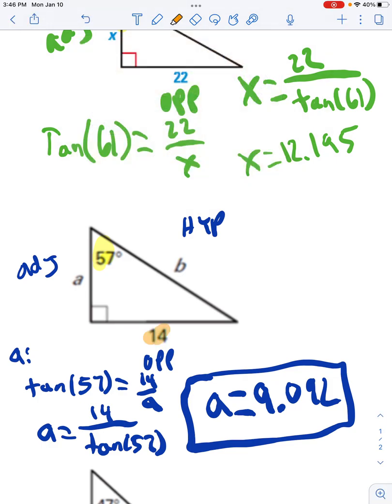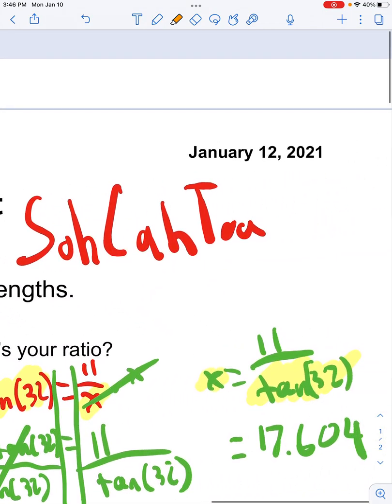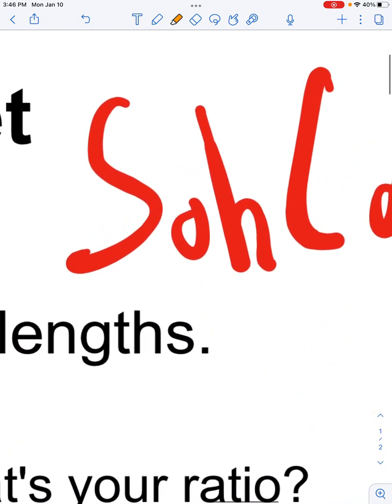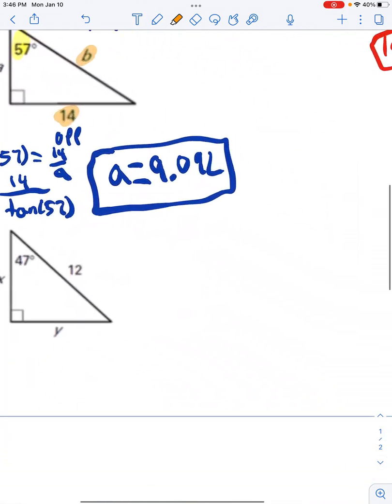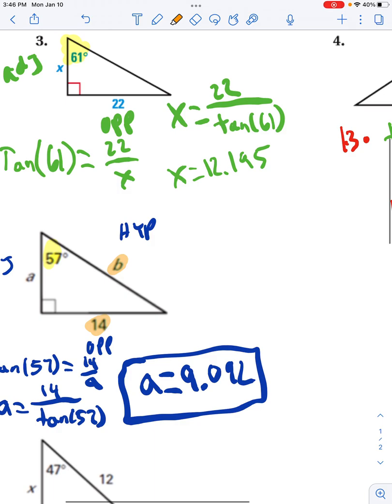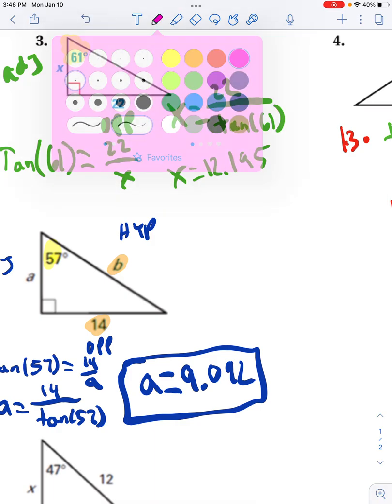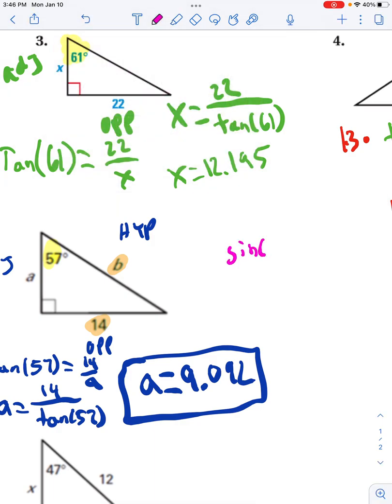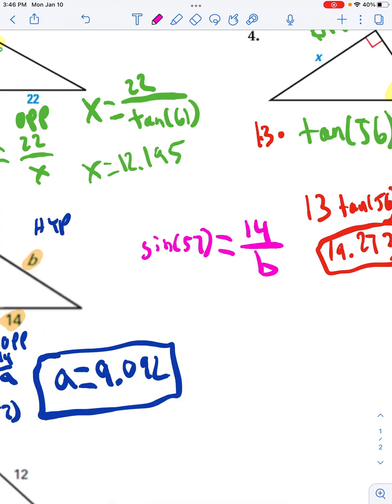Now for B, it's going to change slightly. I want to use what I know. If I see 14 and B, that is opposite and hypotenuse, and sine uses opposite and hypotenuse. So the sine of 57 equals opposite over hypotenuse.